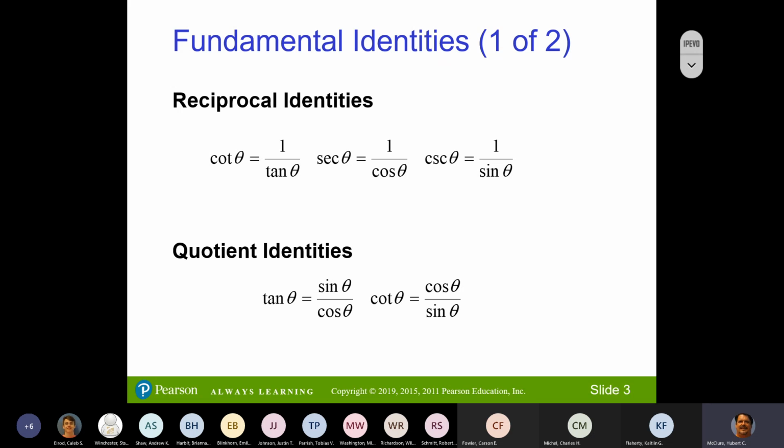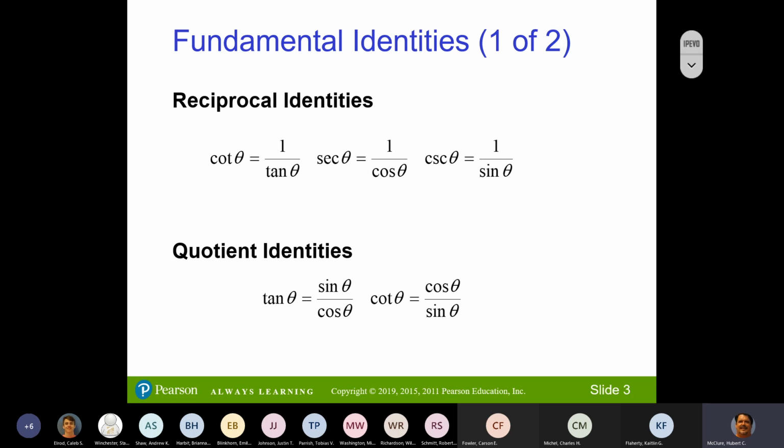I'm going to write them on my page here, and you should be writing them in your notes. The cotan is equal to 1 over the tan. The secant is equal to 1 over the cosine. And the cosecant is equal to 1 over the sine. Also, the quotient identities.